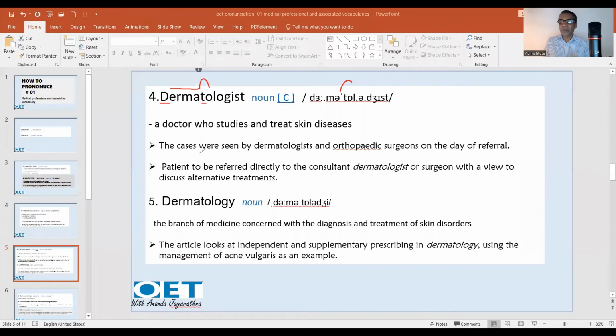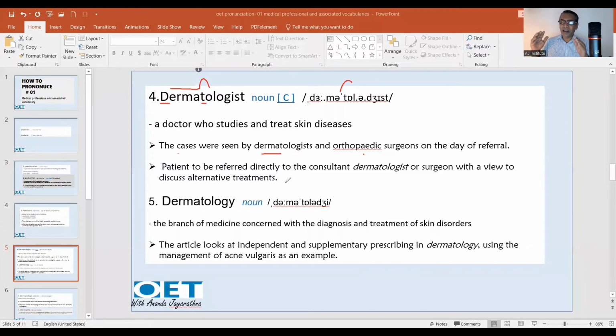Now look at these examples. The first one: the cases were seen by dermatologists and orthopedic surgeons on the day of referral. So we can say dermatologists. Orthopedic surgeons, we will come to that one later. Next one: patients to be referred directly to the consultant dermatologist or surgeon with a view to discuss alternative treatments.